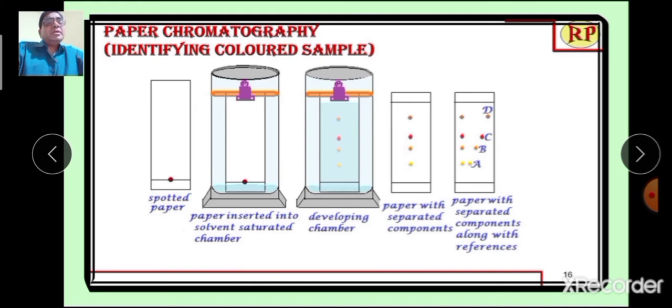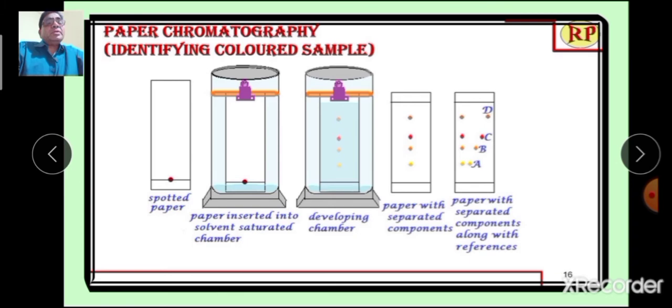These are the components which traveled and separated at the closer distance, while this is the component which traveled more distance because it has the least affinity with the solvent, and thus the components of the mixture are separated.